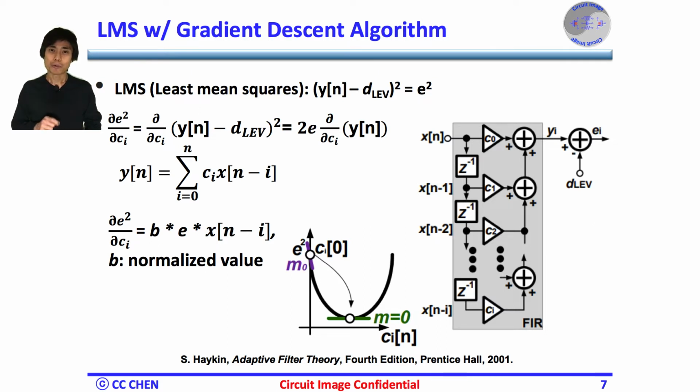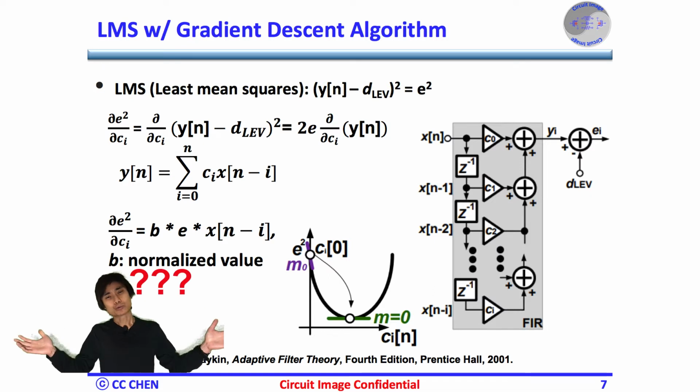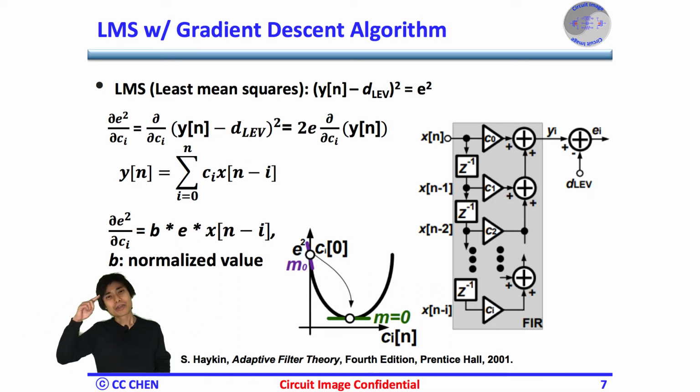The most popular one is the gradient descent algorithm, and that's the one we will go through in this video. To get started, we must take the measured sample y of n, subtract the target D-left to get the error, and then the squared error. What can we do to reduce the error? Think about your own math images for 5 seconds.